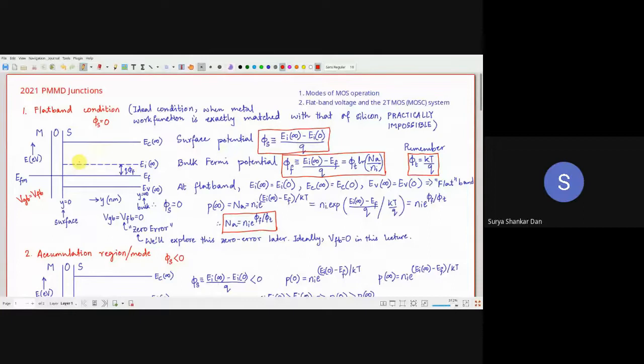Always remember that whenever we are discussing MOS operation, diode operation, BJT operation, device operation in general, we won't consider the case that one part is at a temperature of 100 degrees and here it is 10 degrees. It's not possible to maintain this kind of temperature difference inside the MOSFET. So as a consequence, we can never claim that there is a larger number of carriers on one side than the other because of a temperature gradient.